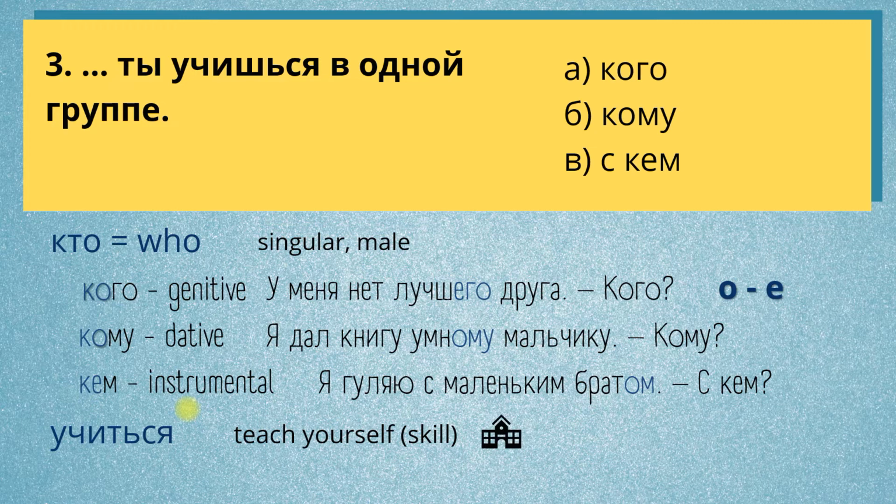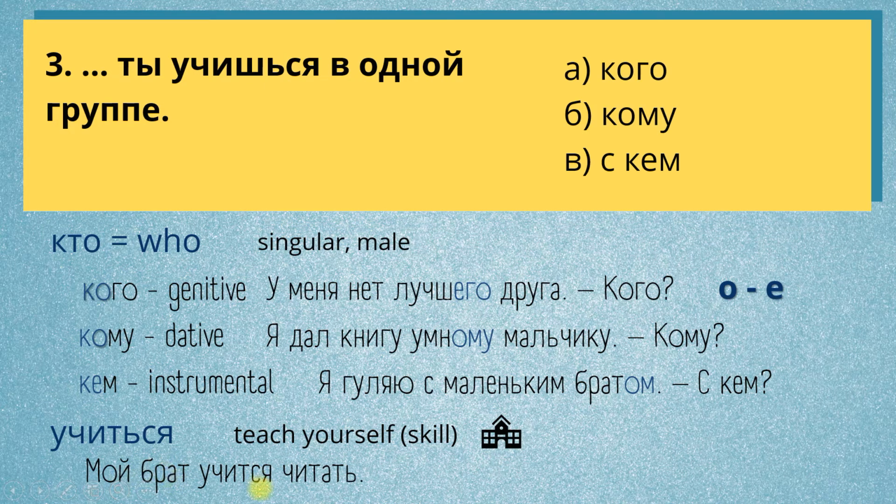And also учиться is used for places, because if you учиться in school or university, it means you need to take yourself to the university to get some knowledge. You need to reach this place yourself. That's why you have this ся. You teach yourself or you go yourself to the place where you will have knowledge.